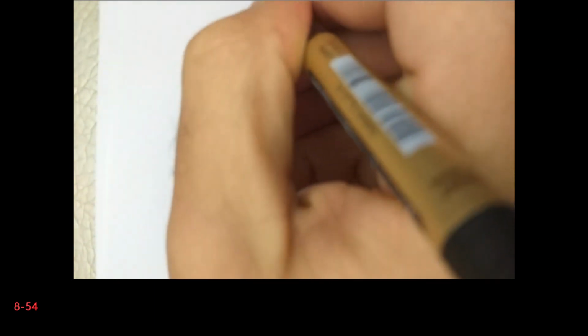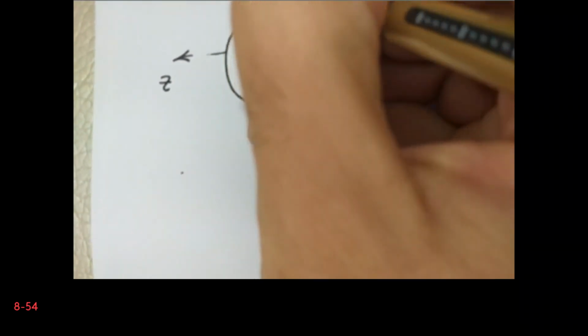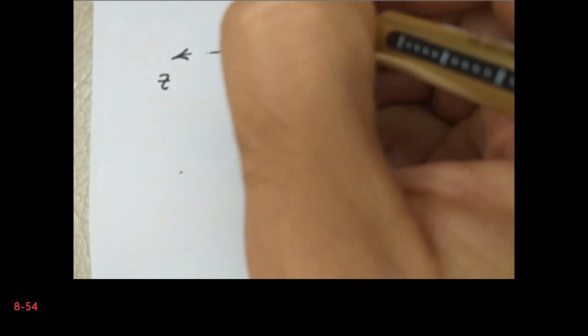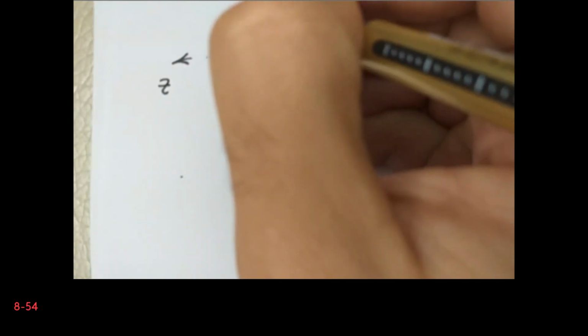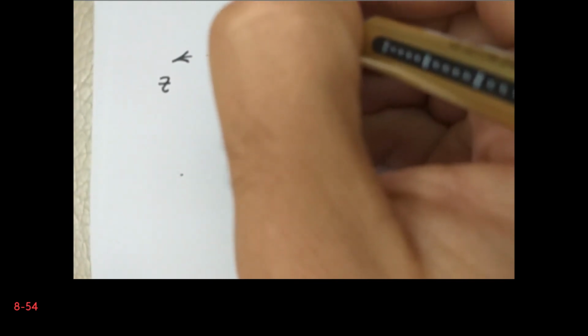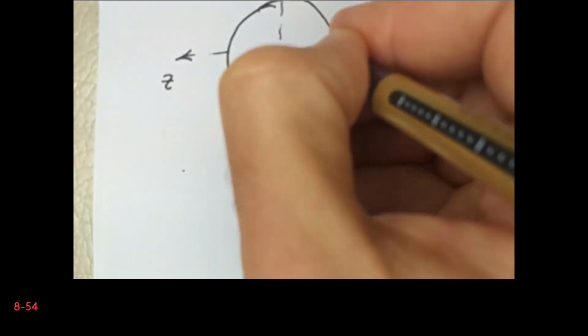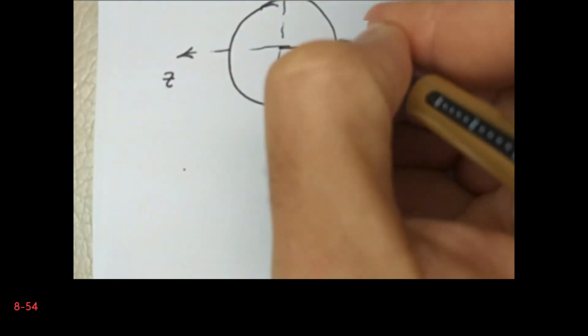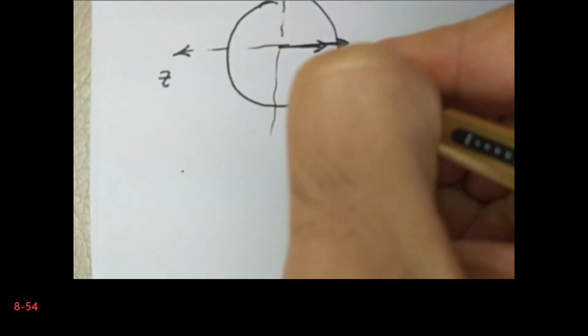So this is my z-axis, and I have my y-axis here. Now certainly the moment is acting in this direction around z-axis, and my is also negative, so my is like this.